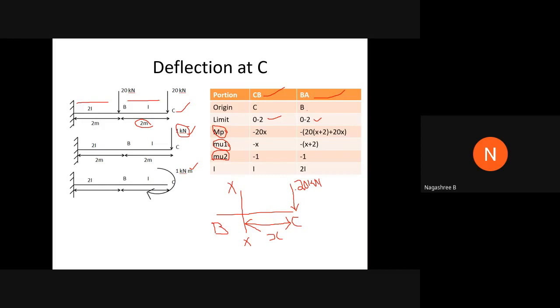It will be equal to force into perpendicular distance. Force is 20 kilonewton, distance is x.